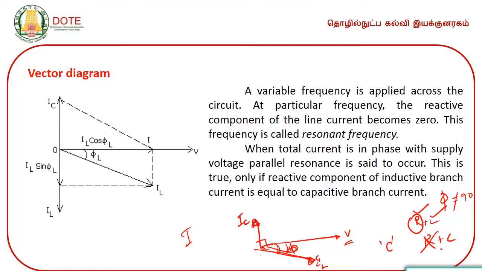Right from IC you draw a line parallel to IL. Similarly, you draw a line parallel to IC. Both will intersect at one point. That is marked as your I, the total current. This is how you should find the resultant of the total current.